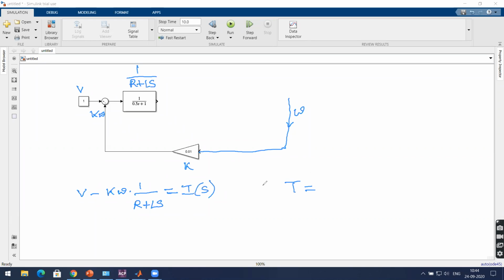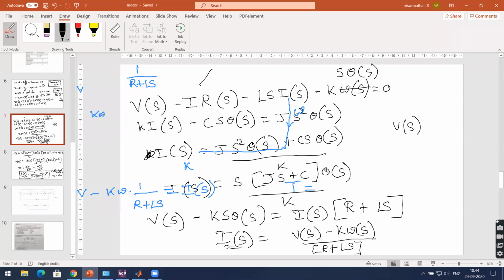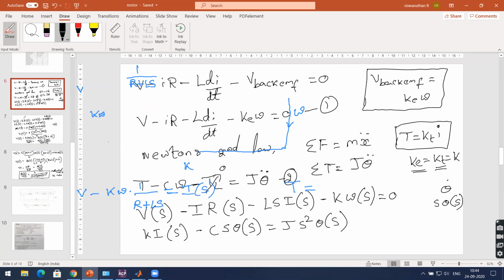What is torque and current relation? Not able to follow. See, torque is equal to what? KT into I. So K into I. Okay, yes. K is equal to KT.